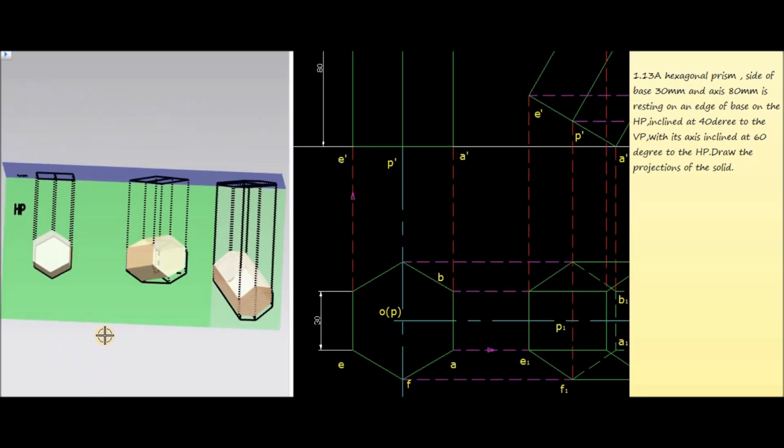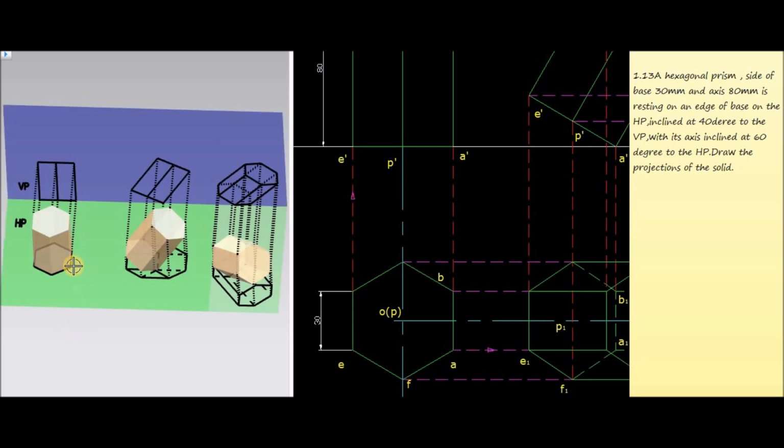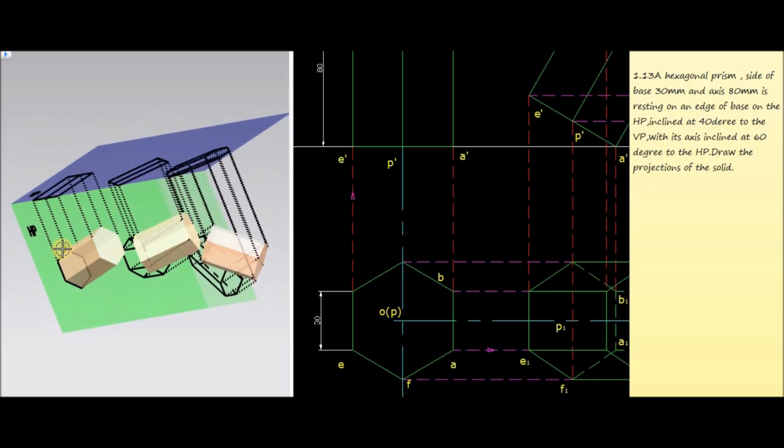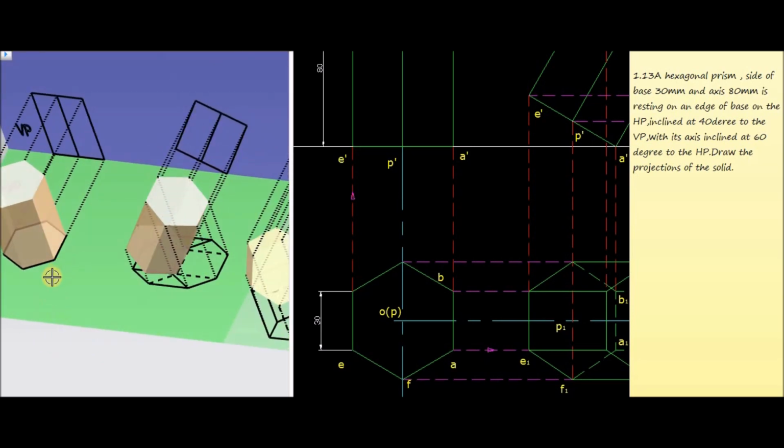Now for understanding the geometry, we have to mark the corners. Let the bottom corners be A, B, C, D, E, F. So now we are going to tilt the hexagonal prism about this edge, that is AB.